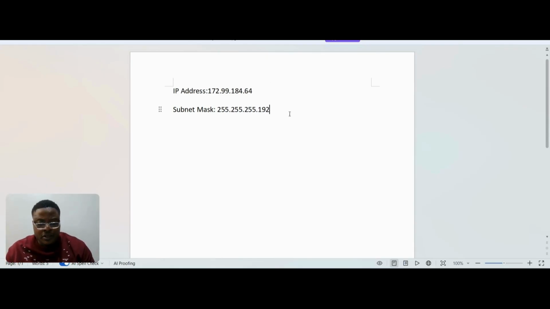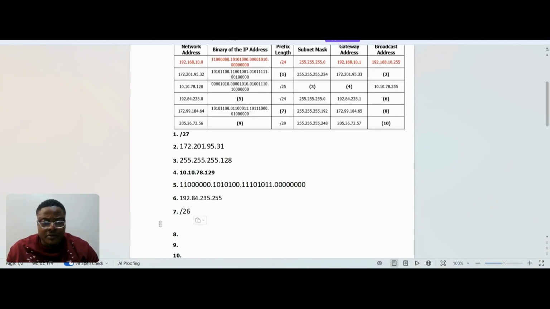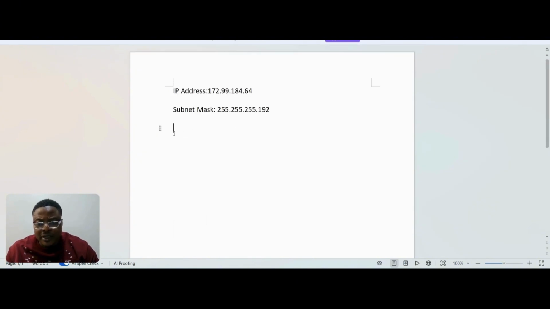So to get the broadcast address, since 255 maintains the network, we keep 172, 99, 184 from the IP address. Then this is the host.